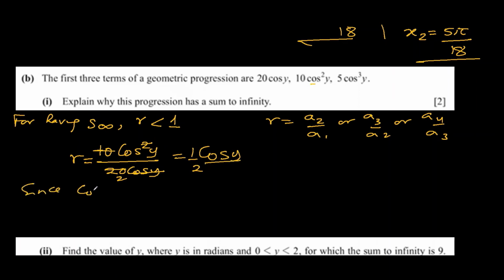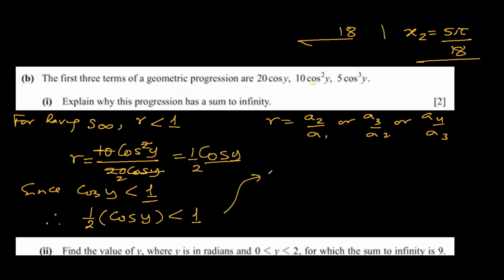Since cos y is always less than 1, right, and half multiplied by a number less than 1, that's why half multiplied by cos y will also be less than 1.